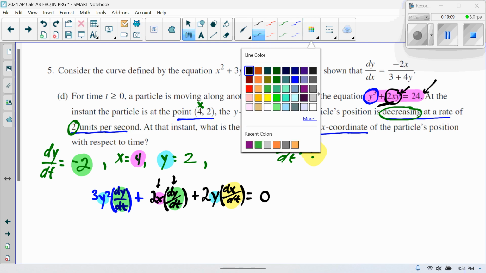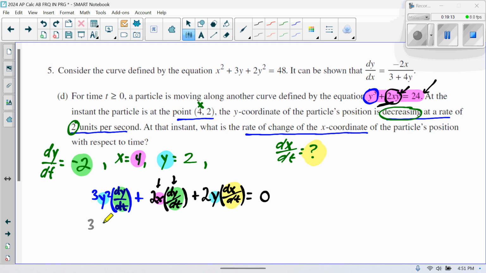Let's plug everything in, and it's going to end up being nice and easy. 3 times my y value, which is 2, squared, times dy/dt, which is negative 2, plus 2 times my x, which is 4, times dy/dt, which is negative 2, plus 2 times my y, which is 2, times dx/dt, which we don't know, that's what we're solving for, equals 0.